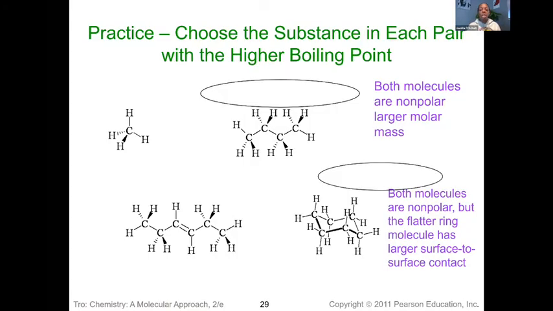So here we would choose the one on the right in both scenarios as the one with the higher boiling point. The first one because it has a larger molar mass, and the second one because there's a greater surface area available when it comes to the actual intermolecular forces, that induced dipole.